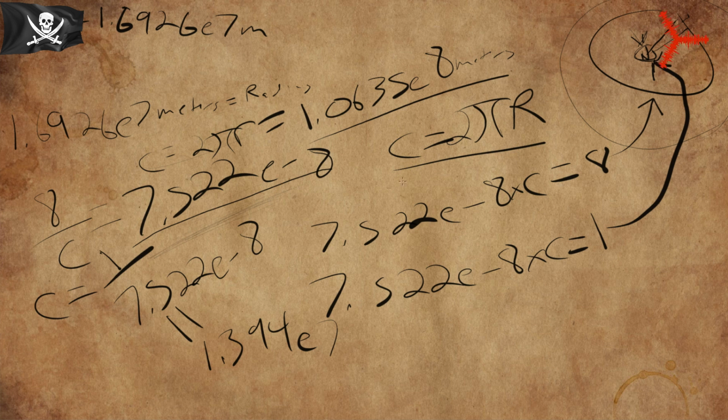It's radius equals C divided by 2 pi. Let's just get that real quick for the Nether. So circumference is that. So we divide that by 2 times pi.